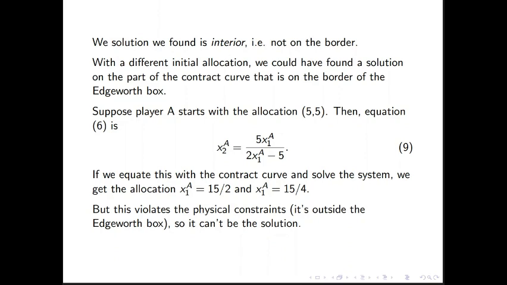For example, if the initial allocation is 5-5, then they would like to trade to a point outside of the Edgeworth box. But since they cannot do that, they will stop once they reach the edge, and the optimal allocation will be on the border.